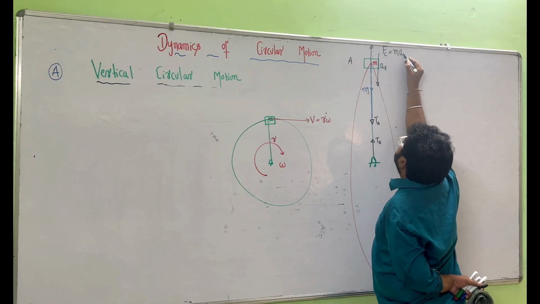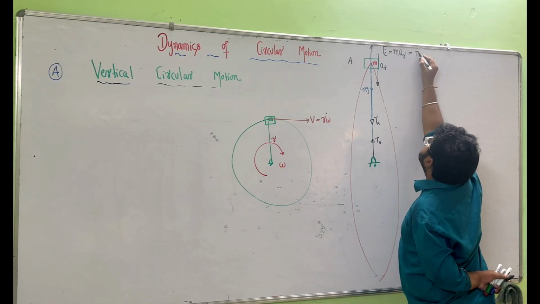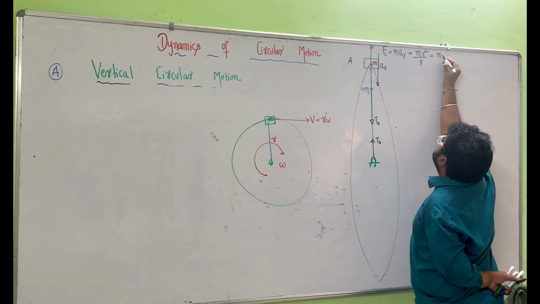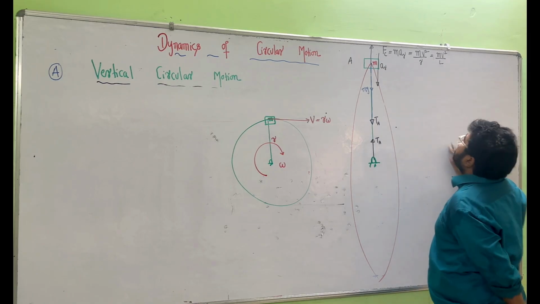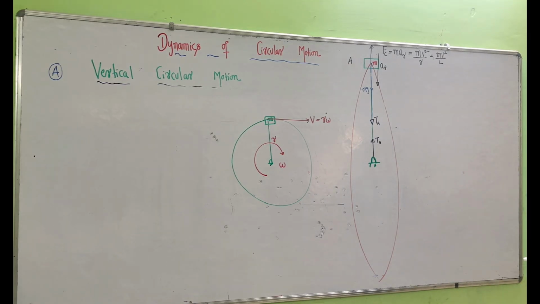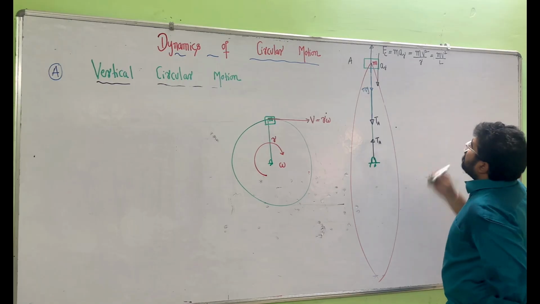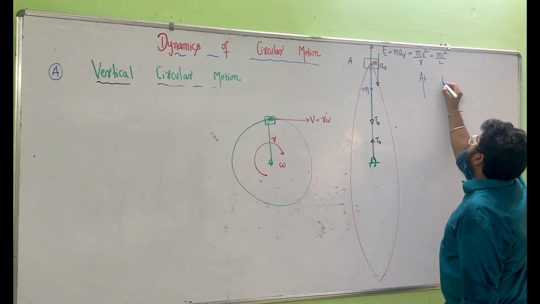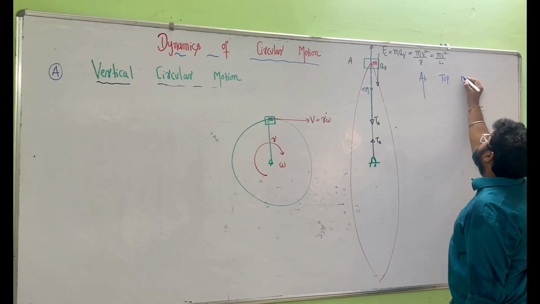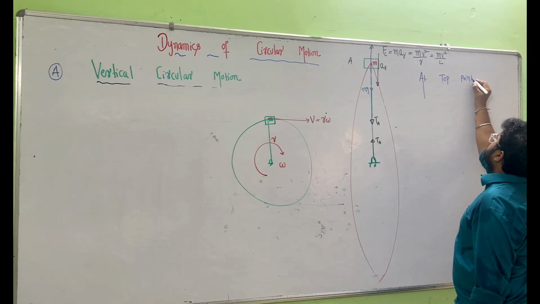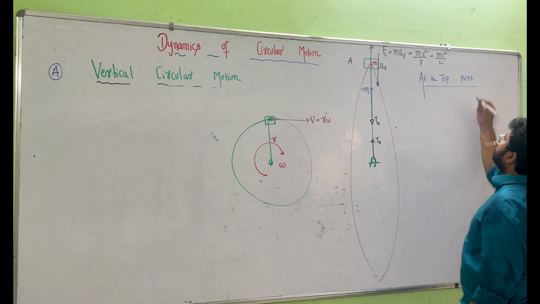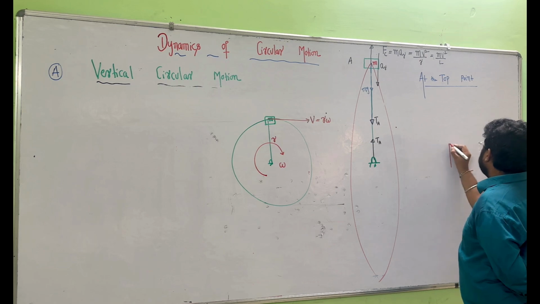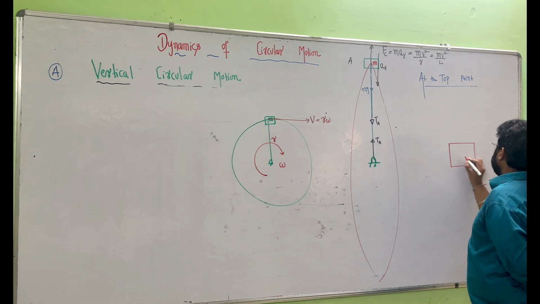Mass into radial acceleration equals m v square by R, that equals m v square by L. So now we can draw the free body diagram separately at the topmost point. At the top, what is the free body diagram for the point mass?